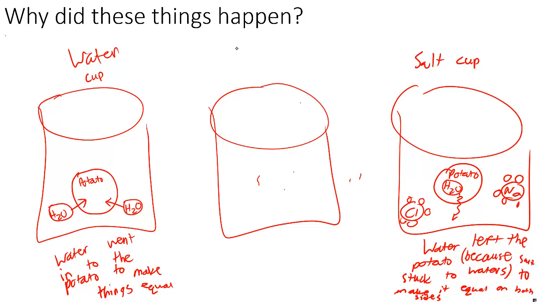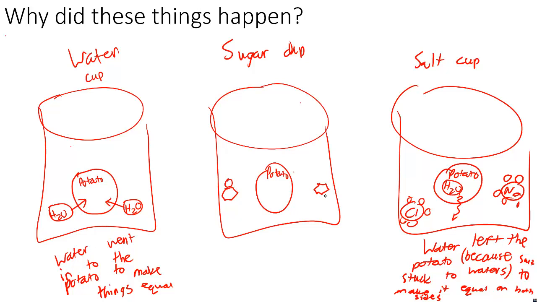Now the sugar cup. What about the sugar cup? Well, the sugar is just like salt. We have the potato, okay, and we've got some sugar out here. But sugar is only going to stick to like one.